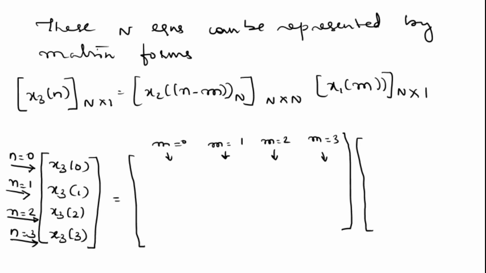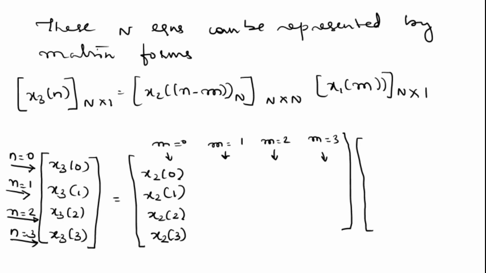That means we get x2 of 0. Throughout this column m is equal to 0. Throughout this row n is equal to 1, so it is x2 of 1. Next, m is equal to 0, n is equal to 2, x2 of 2. Next, m is equal to 0, n is equal to 3, x2 of 3.